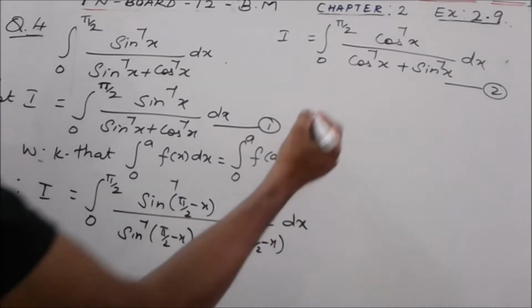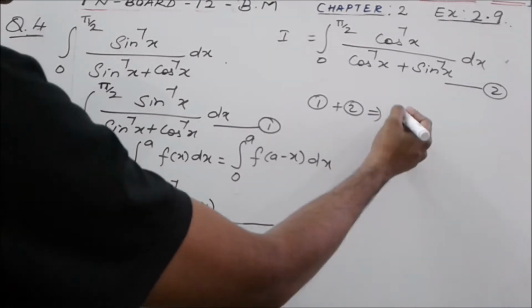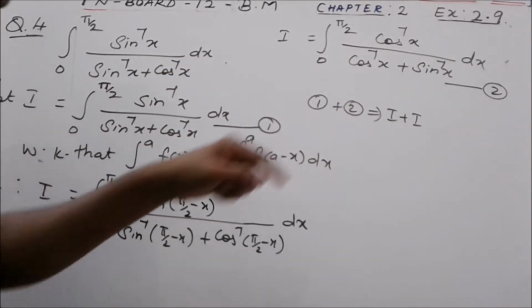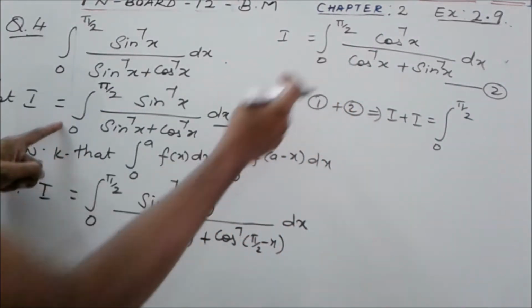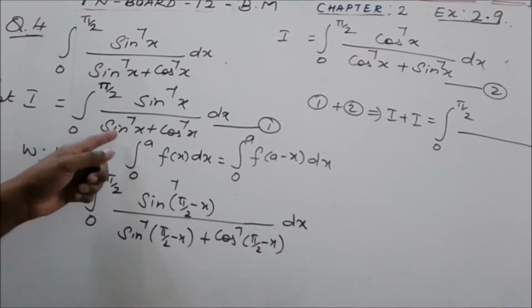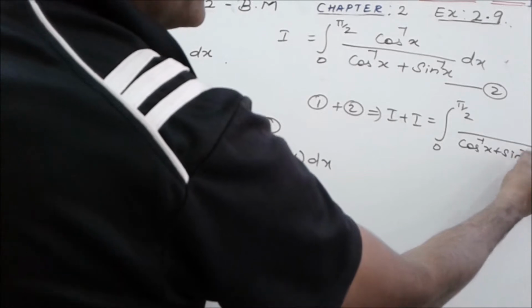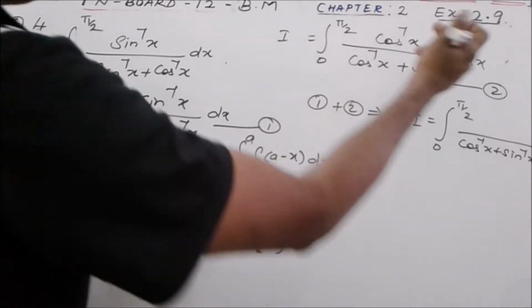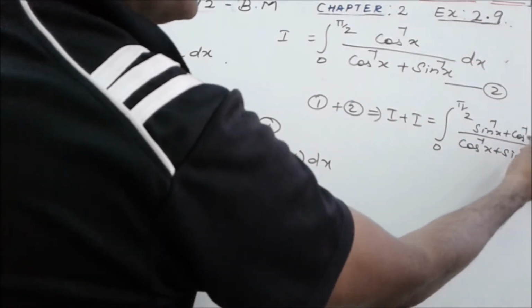Adding 1 and 2, I plus I equals integral 0 to pi by 2, with the common denominator cos^7 x plus sin^7 x.